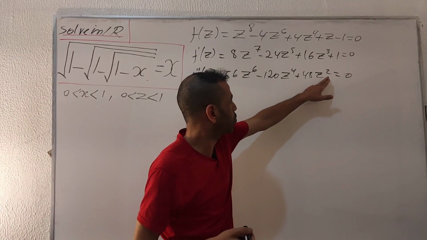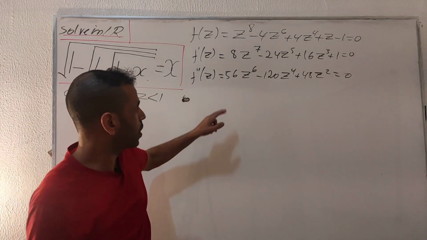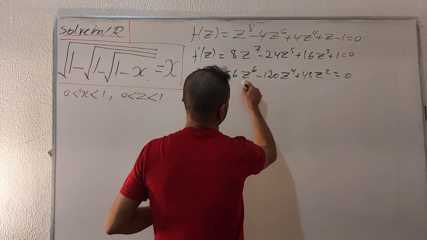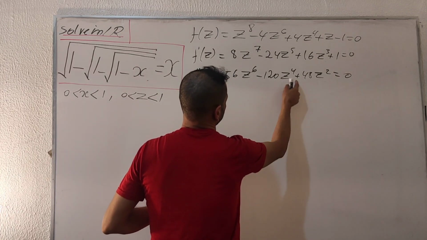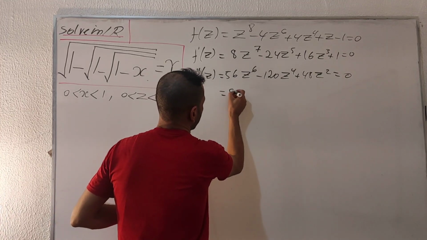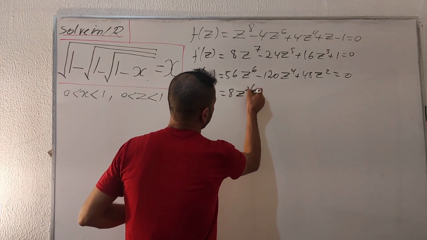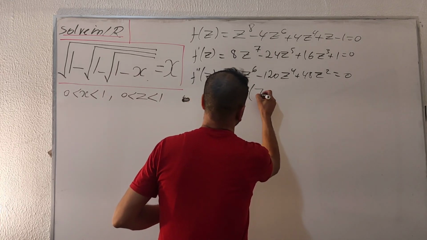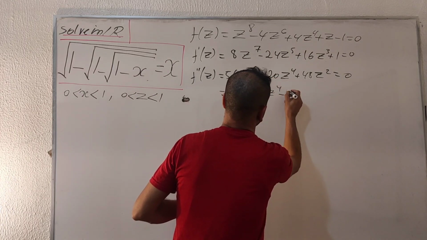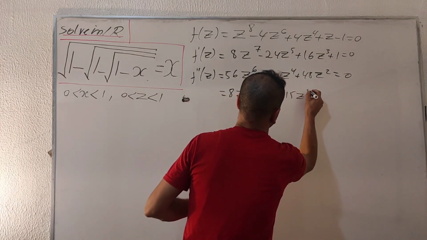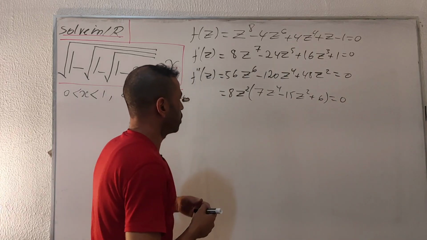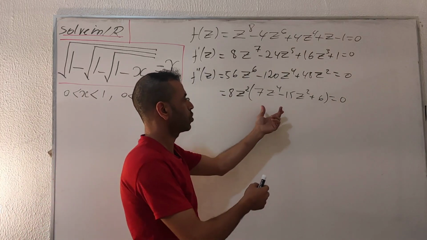I'm going to take z squared as a common factor, and also 8 as a common factor. So I'm taking the 8z squared factor, and this gives 7z to the 4th minus 15z squared plus 6 equals 0. Now it's simpler to calculate.